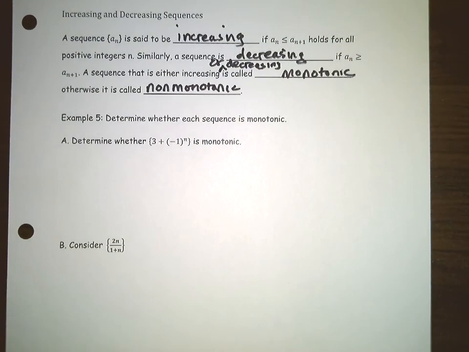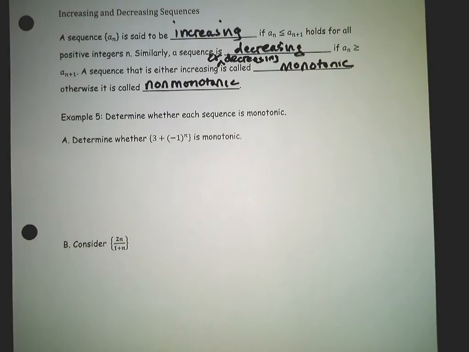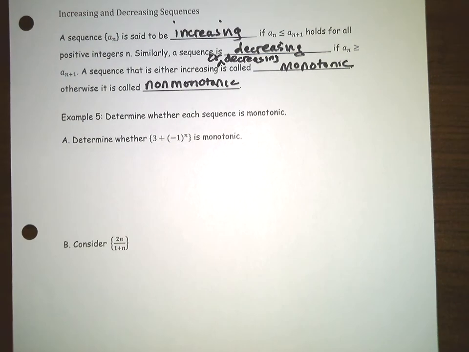So determine whether the sequence 3 plus (-1) to the n is monotonic. We had this one at the very beginning, if you recall, because it was the one that alternated, right? So we did have that one. The terms were 2, 4, 2, 4, 2, 4.